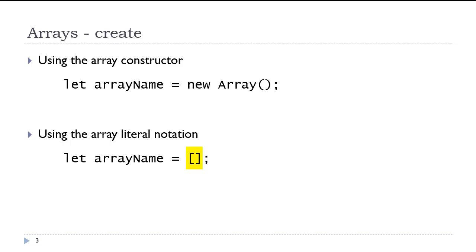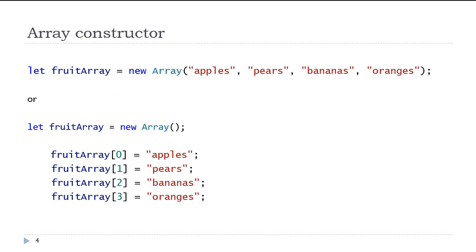People call these characters different things. I call them brackets. In both of these, we are creating an array, and the array name variable will hold the value of the different items.